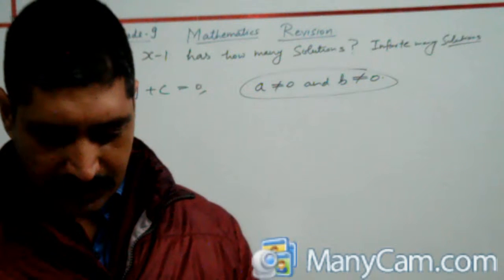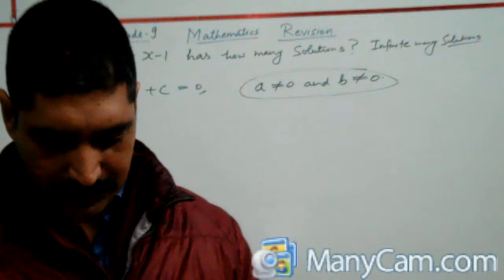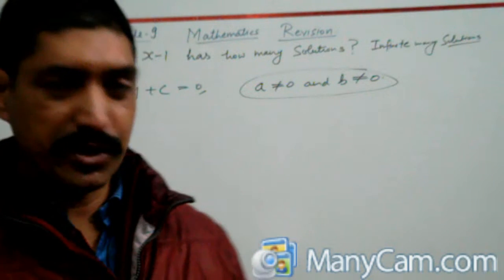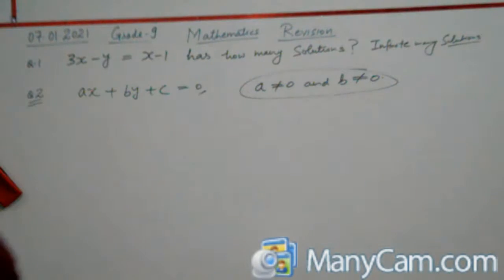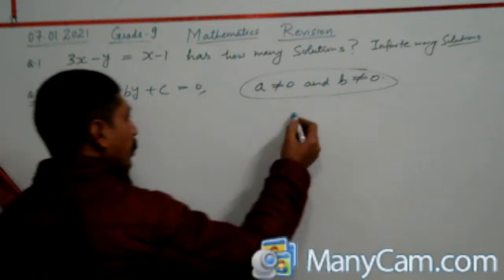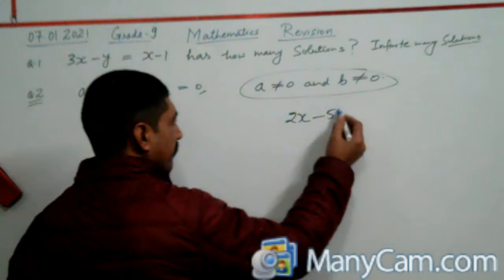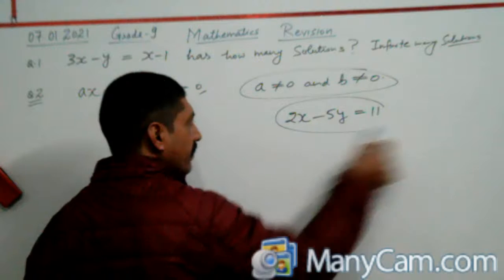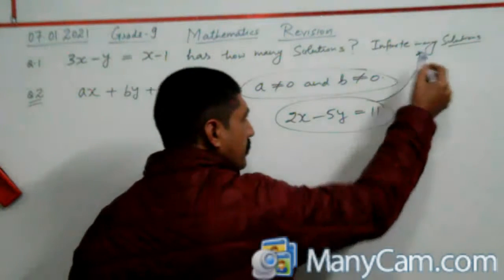Now any linear equation in two variables, like the example they have given, 2x minus 5y is equal to 11, also has infinitely many solutions.